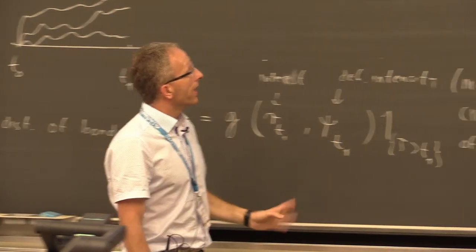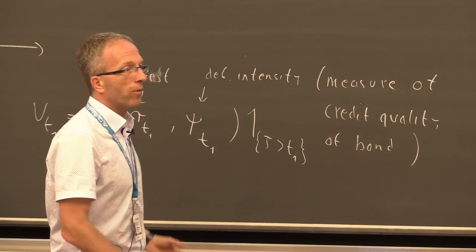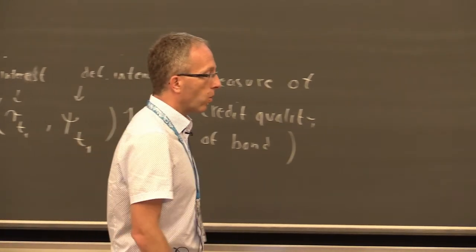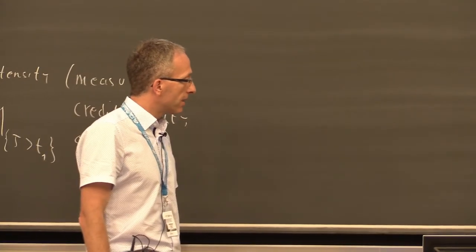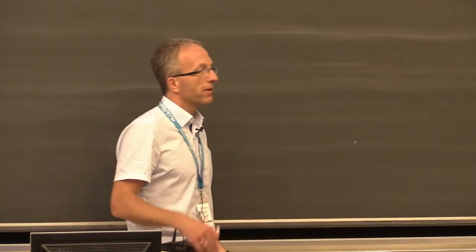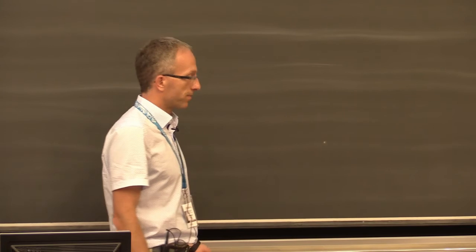That's why we want these models with random hazard rates, and why such things are needed to do risk management for a single bond, and of course also for bond portfolios.